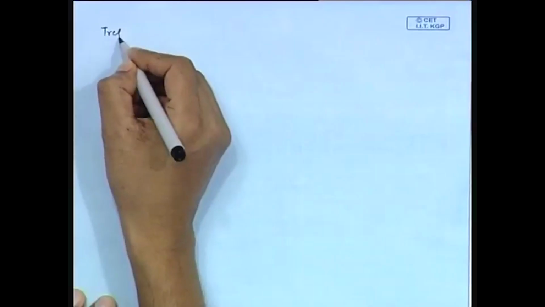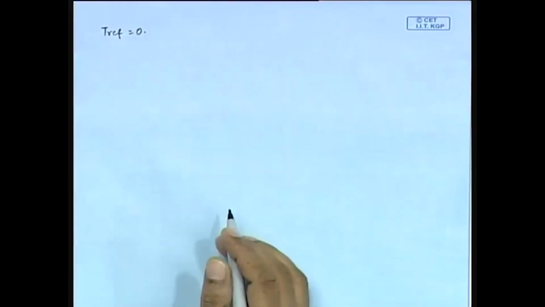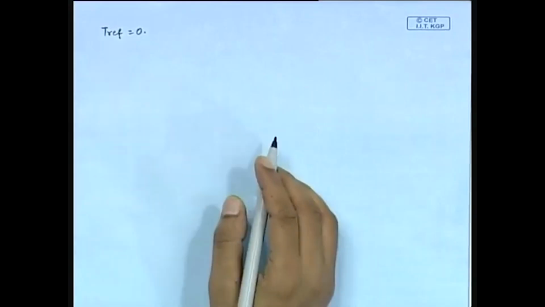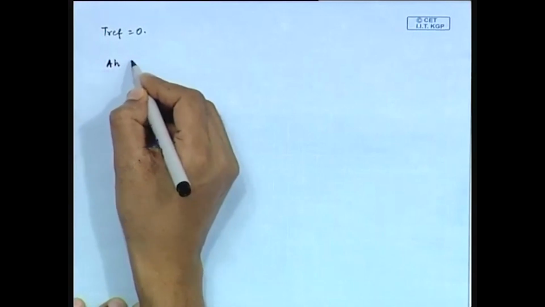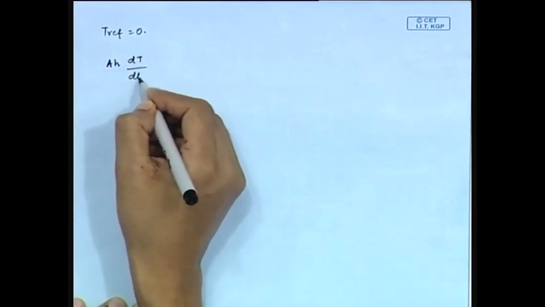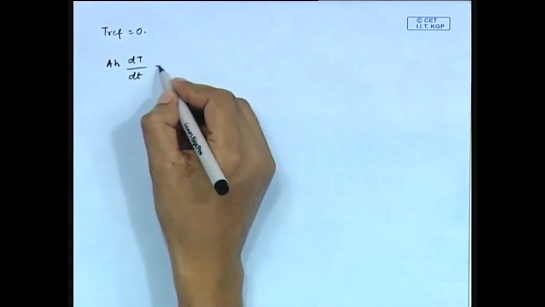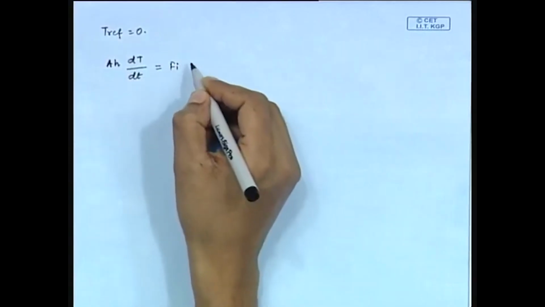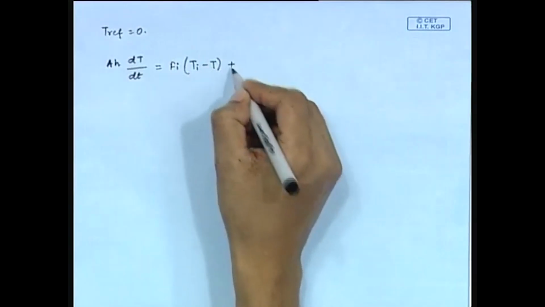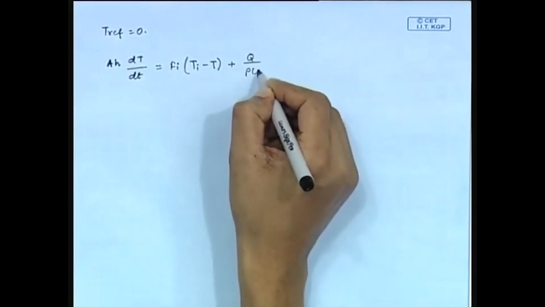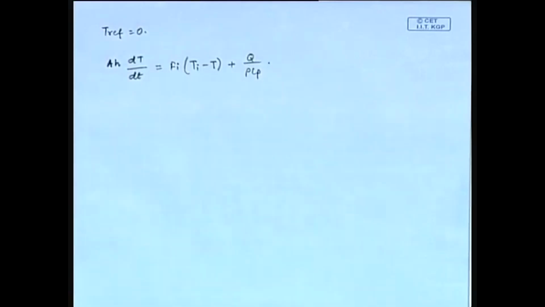Now, if we simplify considering T reference equals to 0, and simplify the energy balance equation, we will get A dH/dt equals Fi (Ti minus T) plus Q divided by rho Cp.